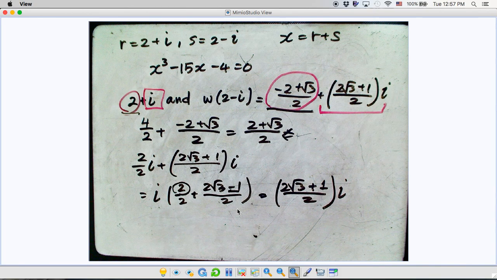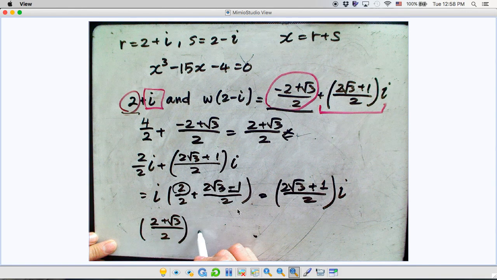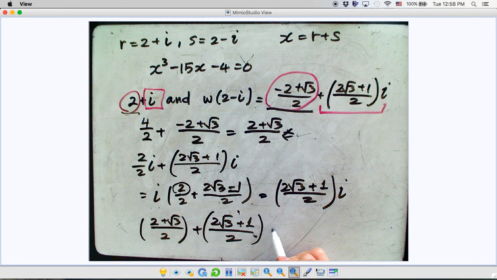Okay, so now what we got is 2 plus square root of 3 over 2 plus 2 square root of 3 plus 1 all over 2 times i.